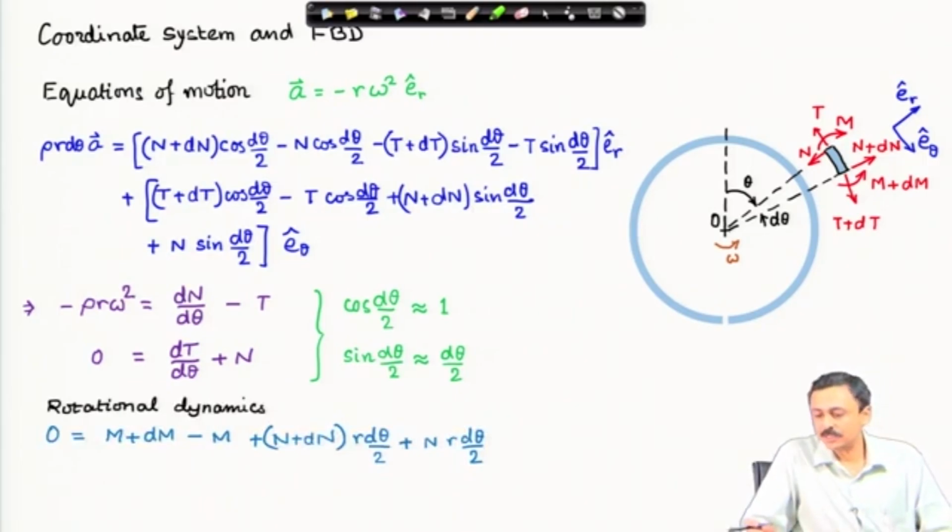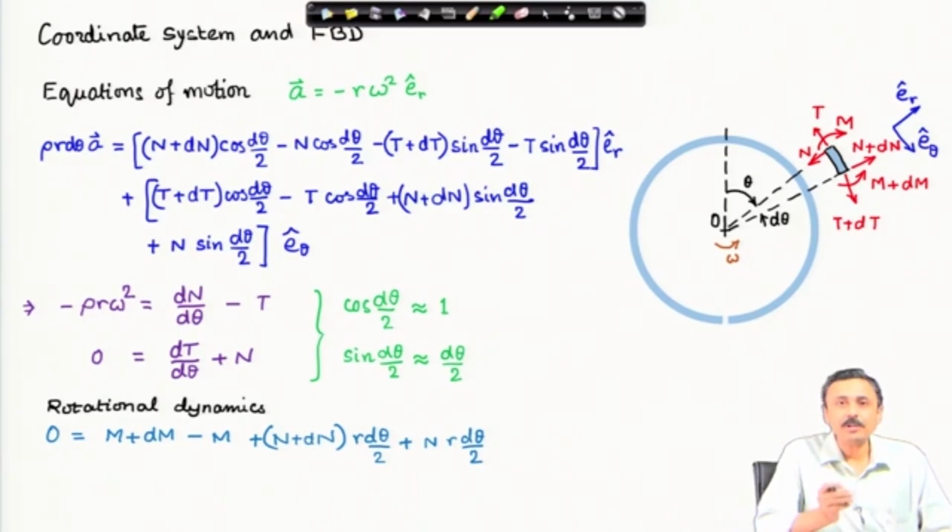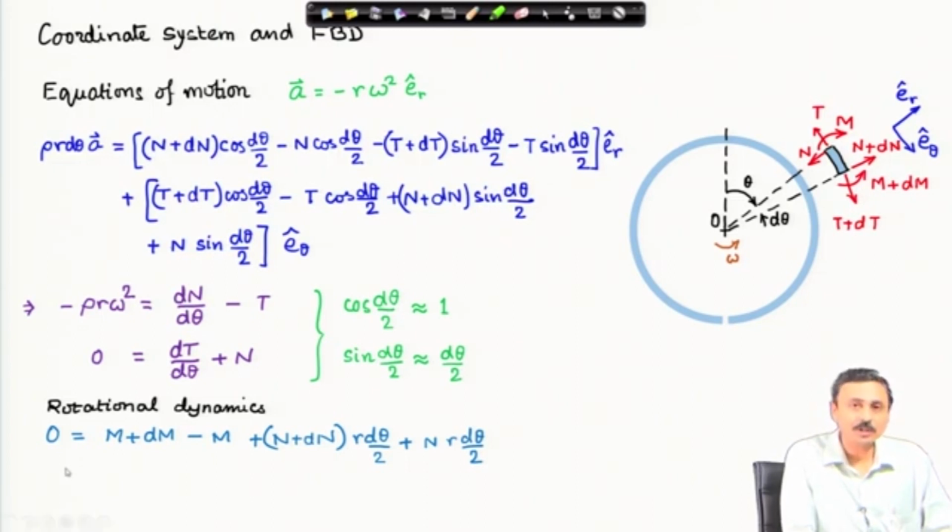Rotational dynamics equation: this element is a very small element and its angular acceleration is 0. Why is its angular acceleration 0? Because the ring is rotating at a constant angular velocity. Therefore, its angular acceleration is 0 and therefore, the moment of inertia of this element times angular acceleration is 0.